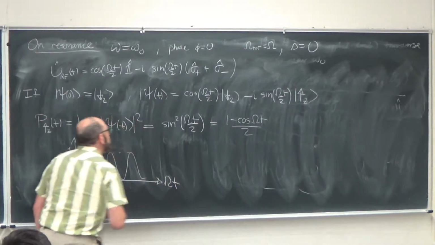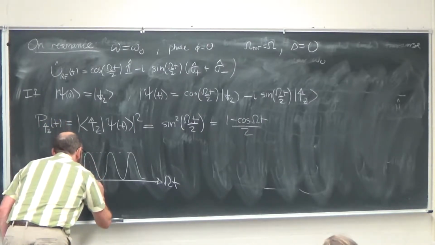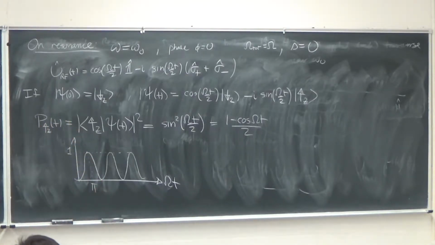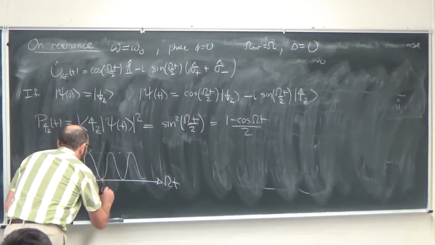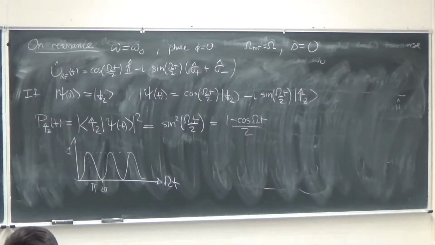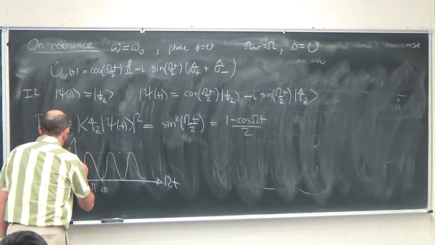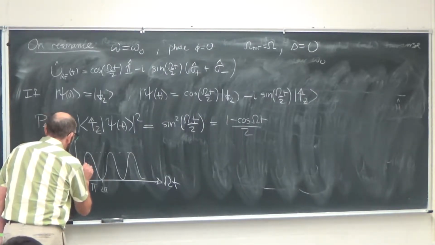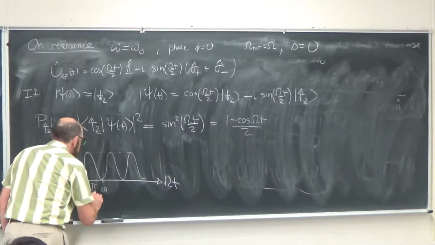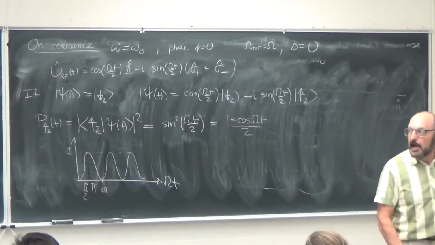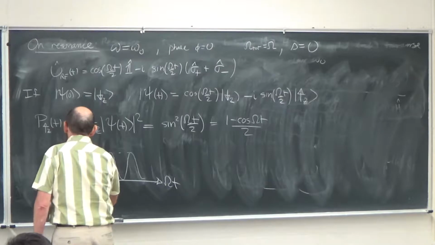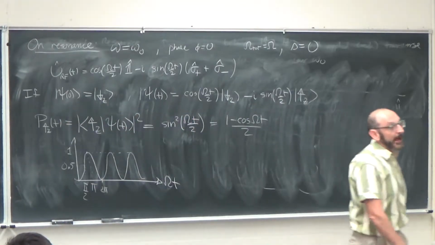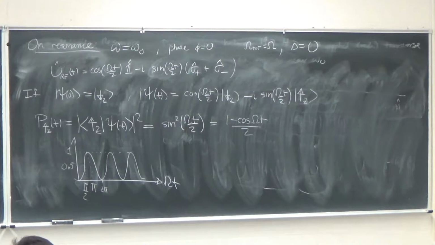And I'll plot this in units of omega t. When omega t is equal to pi, I have a unit probability to be spin up. When it's 2 pi, I'm back down here with 0 probability. And intermediately, I have some possibility that's not either 0 or 1. For example, at pi over 2, I have a 50% probability to be spin up and a 50% probability to be spin down.